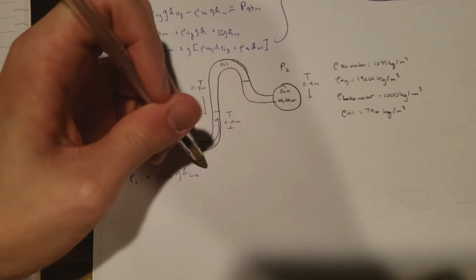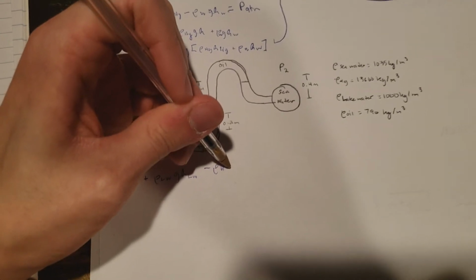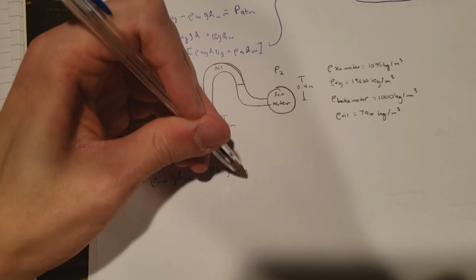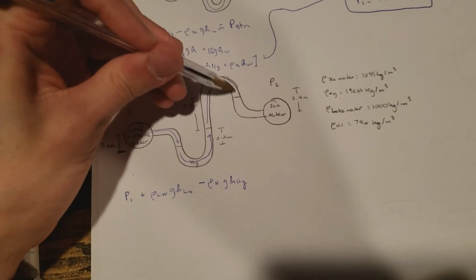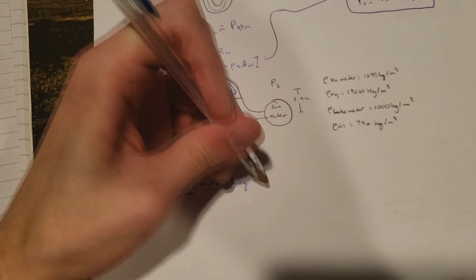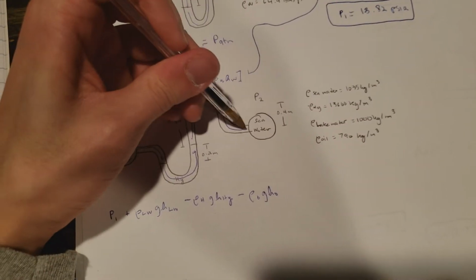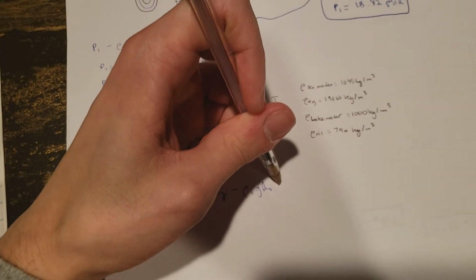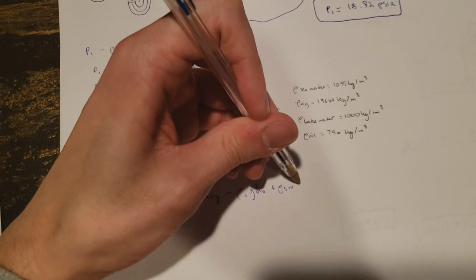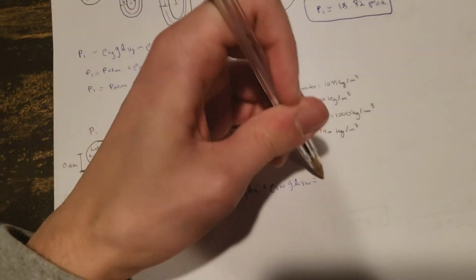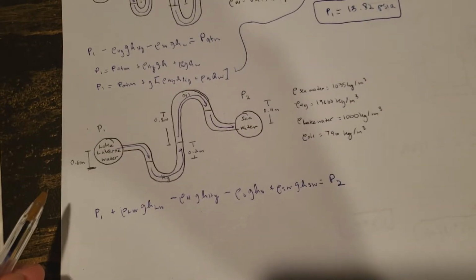We're going up, we're going to be subtracting the mercury. The majority is going up again, so we're going to subtract the oil. And then the majority is going down, so we can add our seawater. And all this is going to be equal to pressure 2.